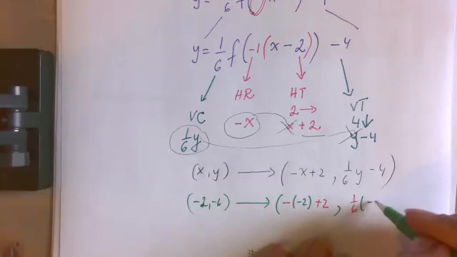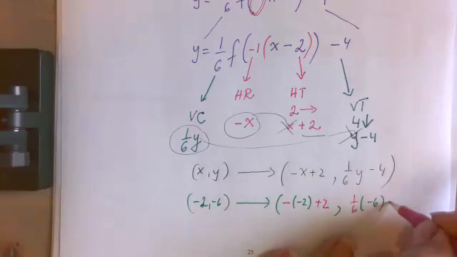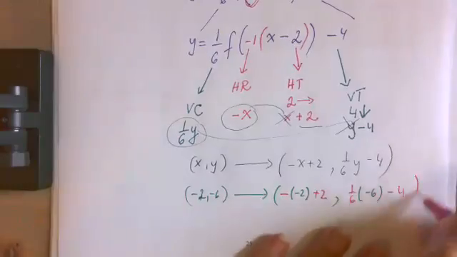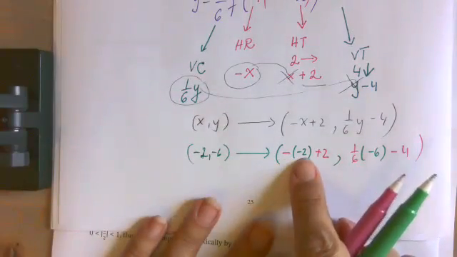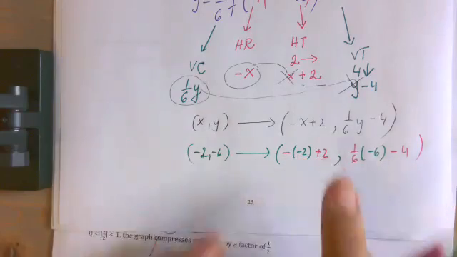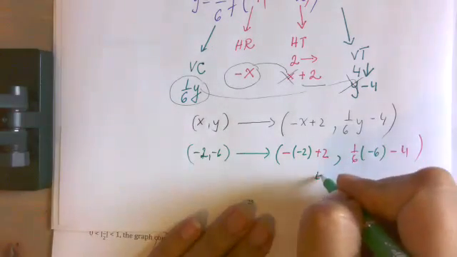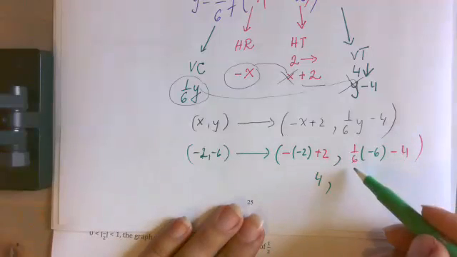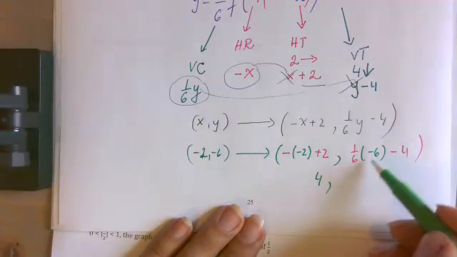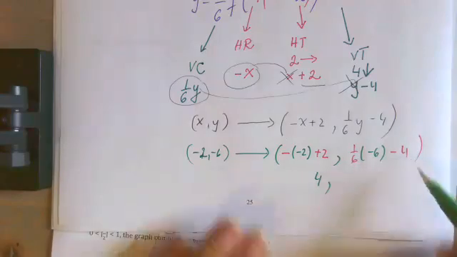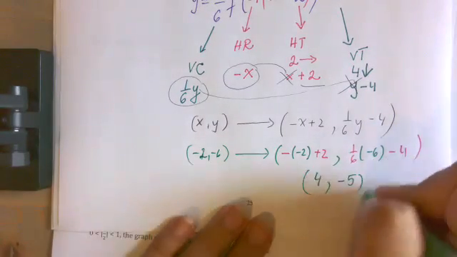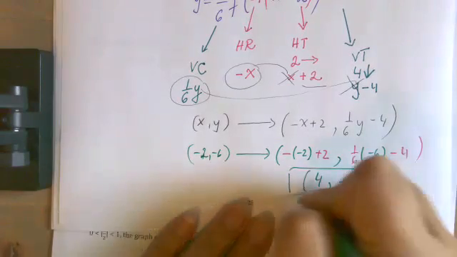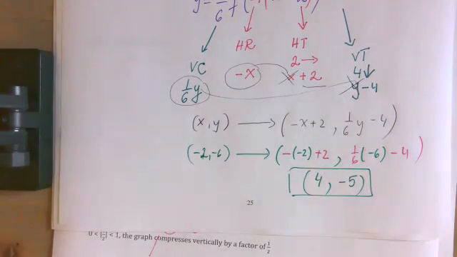We plug in -6 and -4. Negative and a negative makes a positive, and that means 2 plus 2 equals 4. The 6 and the 6 cancel out. We're left with -1 -4 is -5. So (4, -5).